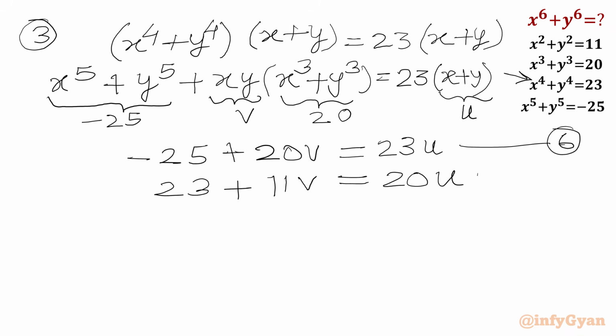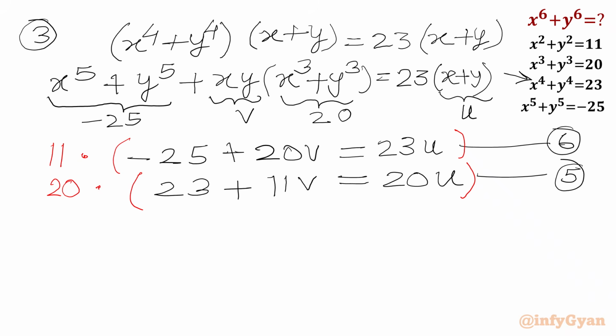Now we have two equations, two unknowns, u and v. So we'll use the elimination method. So I need to cancel v. So I am going to multiply our sixth equation by 11, and we will multiply our fifth equation by 20, so that we will get the same multiplier with v.